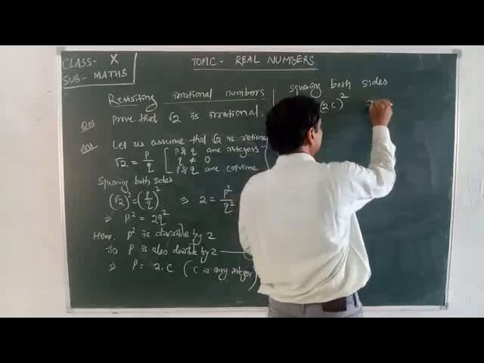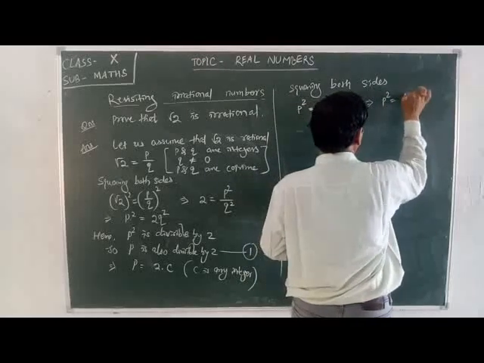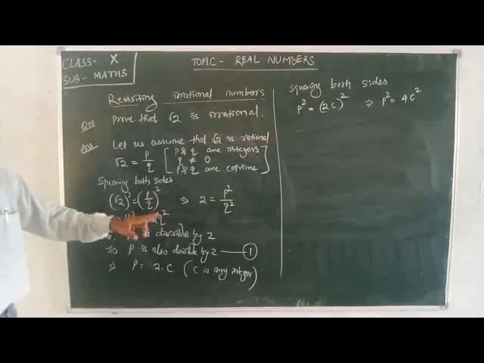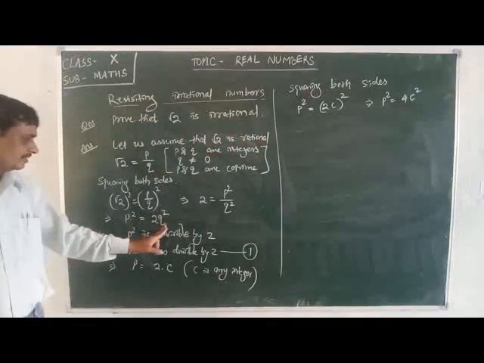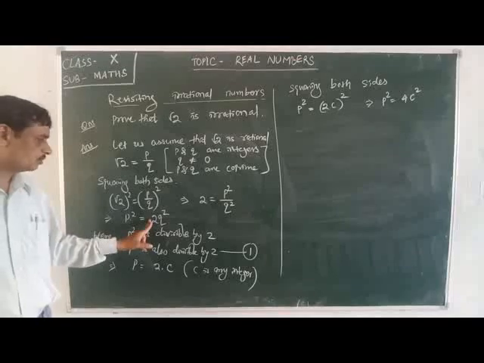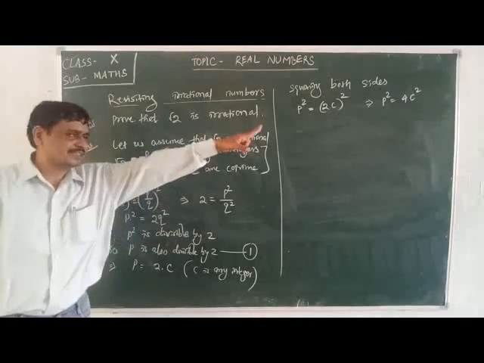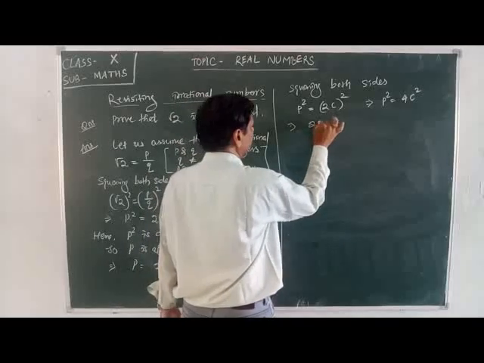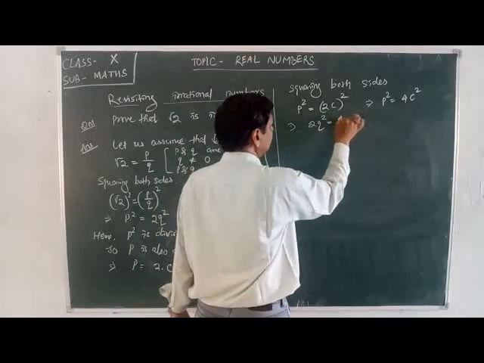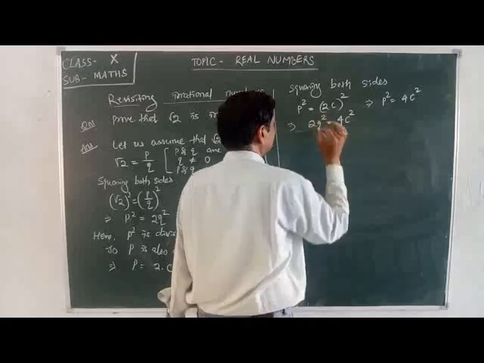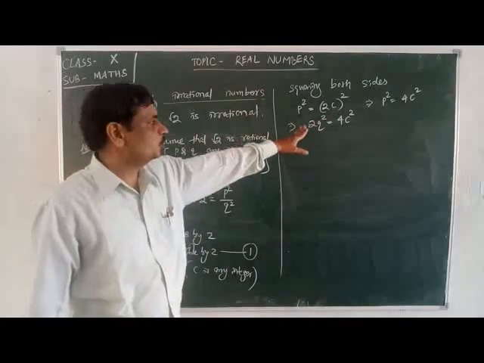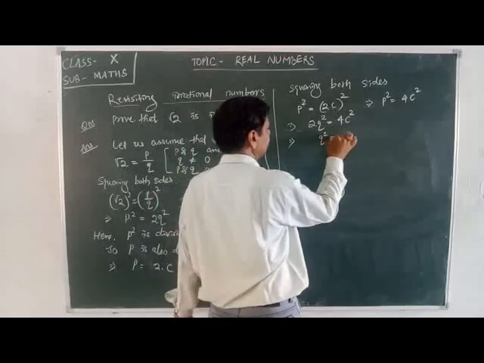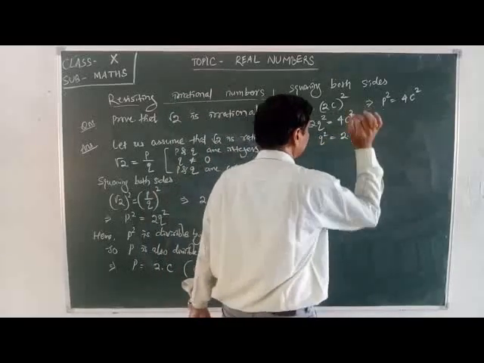This implies p square is equal to 4c square. Here the value of p square is 2q square, so we can put in place of p square as 2q square. Here 2q square is 4c square. Now take this 2 to one side. It becomes q square is 2c square.